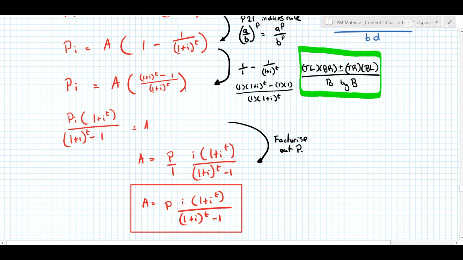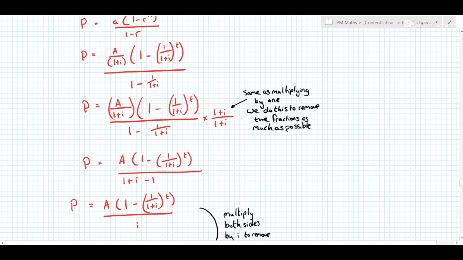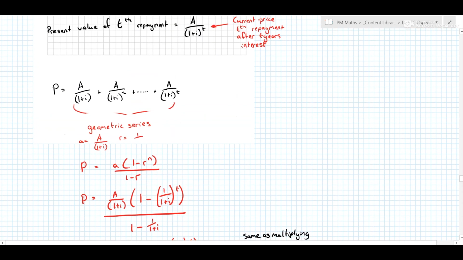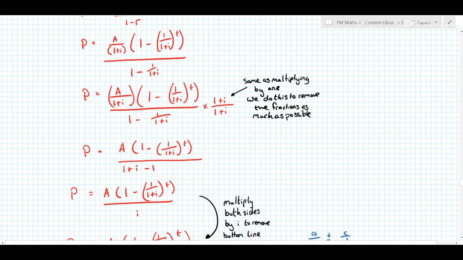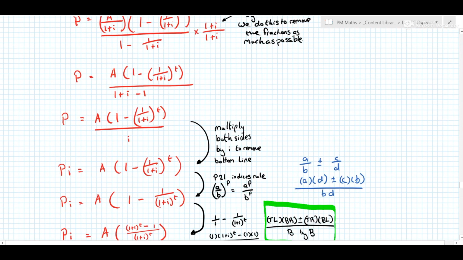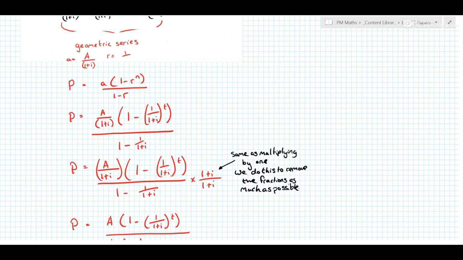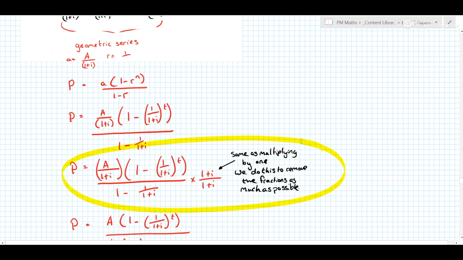So it looks like a really, really long question, and to be fair, it is quite long. There's quite a bit of learning to do in it, and I can understand why it was answered poorly. But if you go through it slowly, step by step, it's not that bad. One key point that I would try to remember is the first step, because you're trying to get rid of that fraction right there.